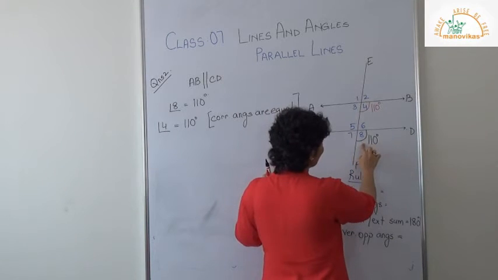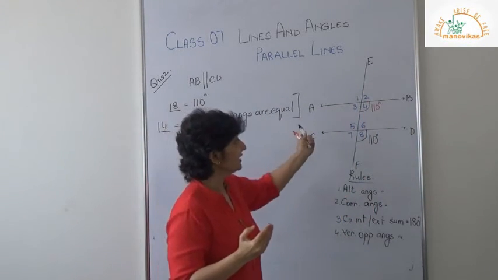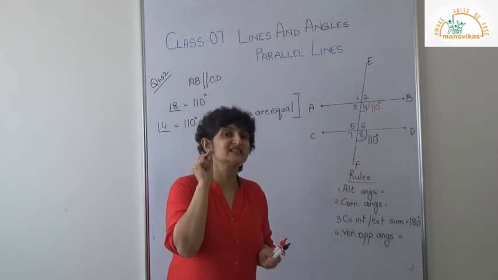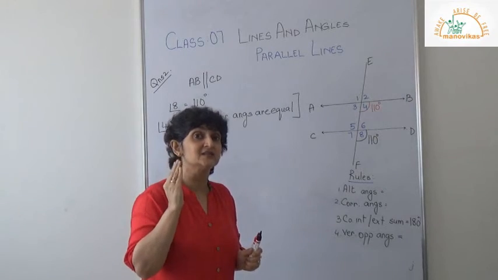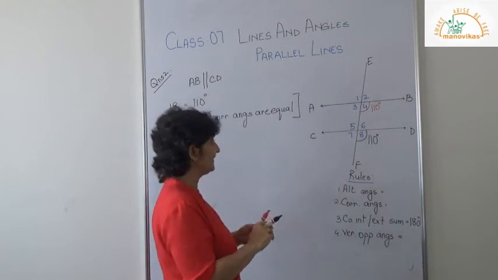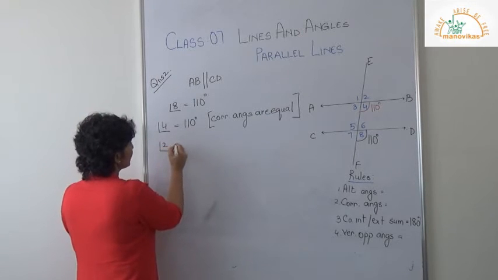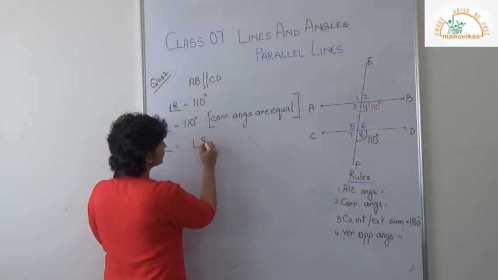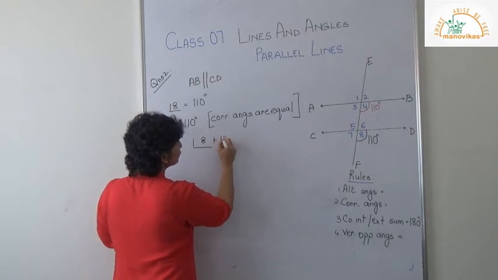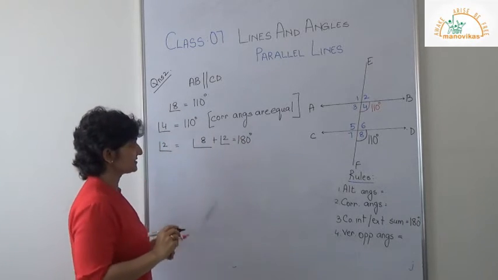Next, if I take 8 and I take angle 2, what are these? They are co-exterior angles, and you know co-exterior angles should be equal to 180 degrees. So let's take angle 2. I know angle 8 plus angle 2 is equal to 180 degrees.